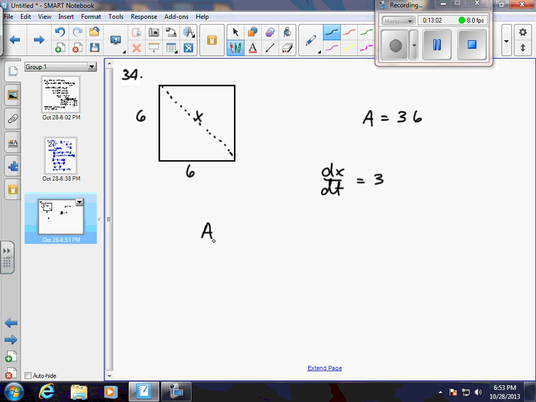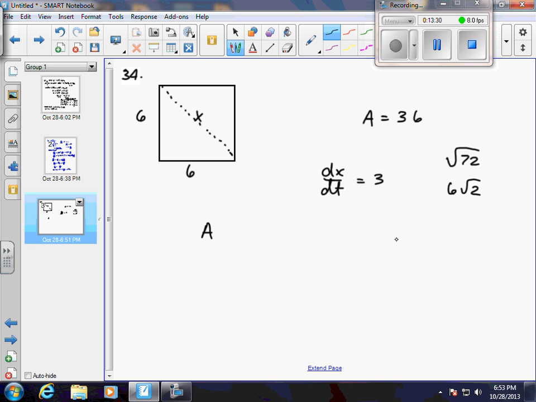That x. And that's what I was trying to get you to understand. If these are 6, what is the length of that diagonal? You said you could use the Pythagorean theorem. The square root of 72, which is 6 square root of 2. In a square, the diagonal is always the side times the square root of 2.